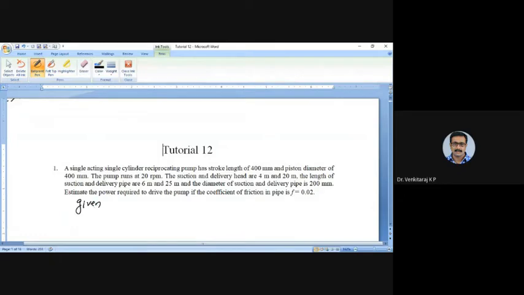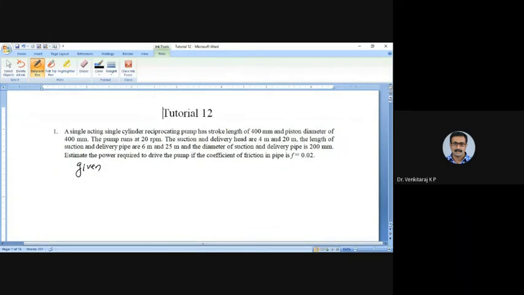Data given are: pump has a stroke length of 400 mm, and piston diameter equal to, that is also 400 mm.